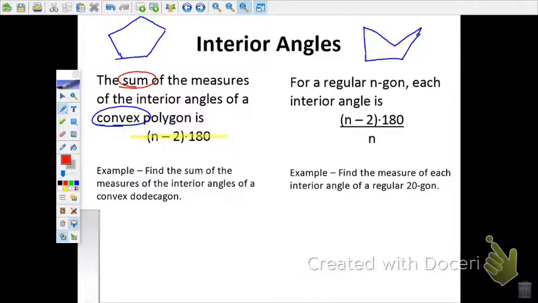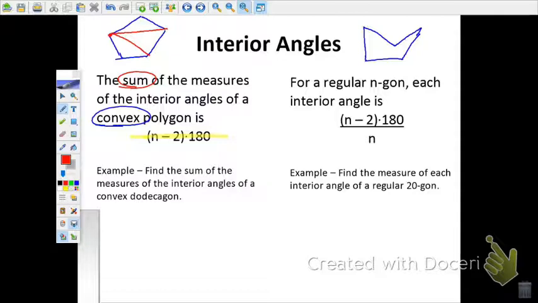And the way they came up with that formula is to take this convex polygon, choose any one vertex, and then go to the other vertices to make triangles. So when I do that, this convex pentagon, a five-sided figure, has been broken into 3 separate triangles.